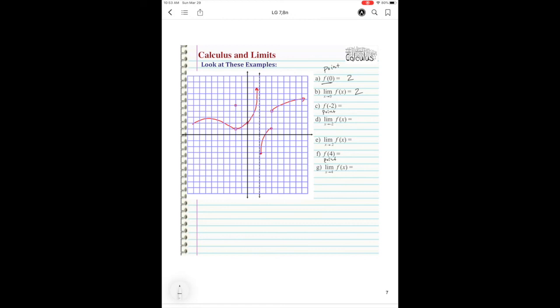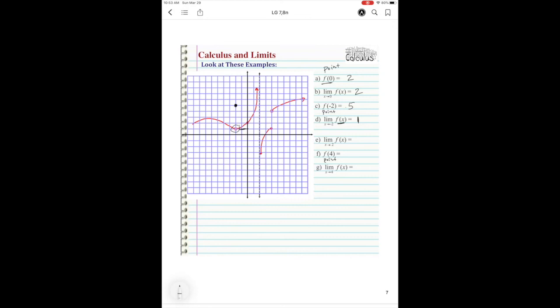At the point negative 2, this is a tricky one, so watch out, because this is the answer right up here. It's the point, because this is a hole. So the answer for this guy is going to be 5. As it's approaching that, that's right here. So that is going to be 1, because you're on the function.